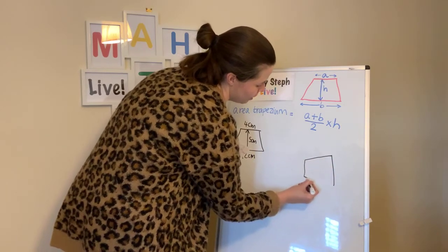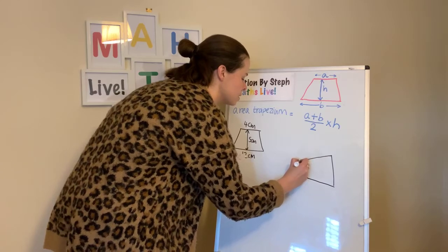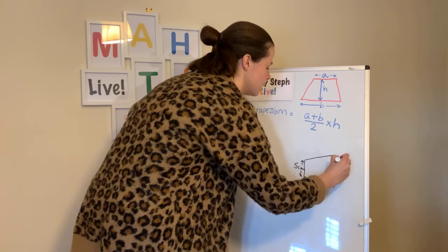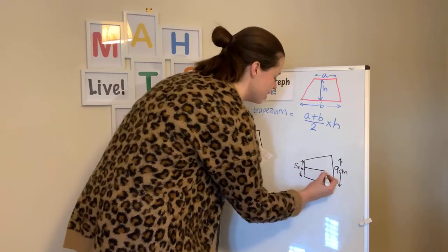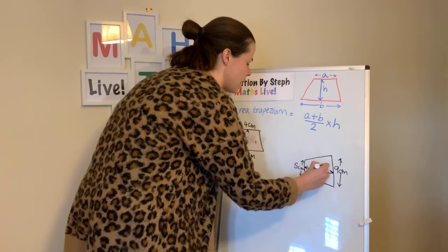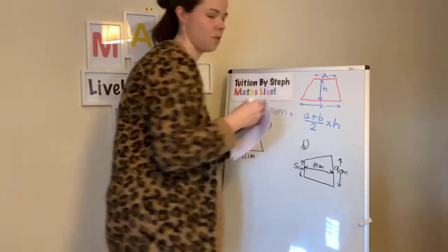Oh, but it doesn't matter. Because this is 5 centimetres, this is 9 centimetres. Wow, it's really, really raining outside. And this is 8 centimetres. So have a go, that's A and that's B, have a go at finding the area of those trapeziums.